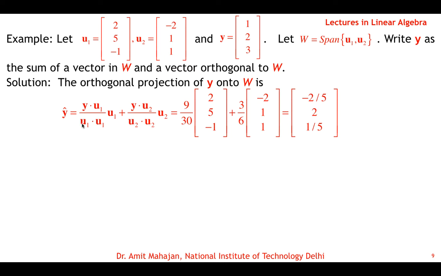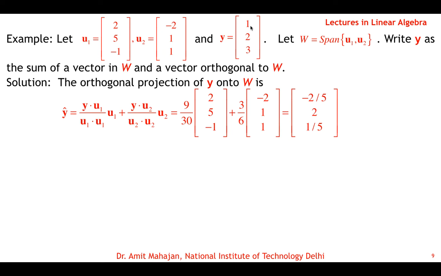So this is the projection formula for u1 plus the projection for u2. We need to know what y dot u1 is. You can easily take the dot product of these two: 2 plus 10 is 12, minus 3 is 9, divided by u1 dot u1, so 4 plus 25 plus 1, that's 30. And u1 is the vector 2, 5, minus 1.